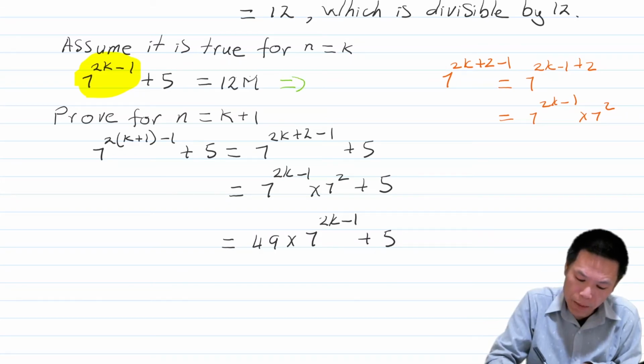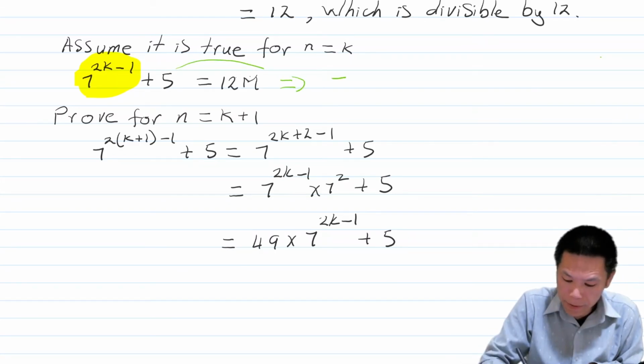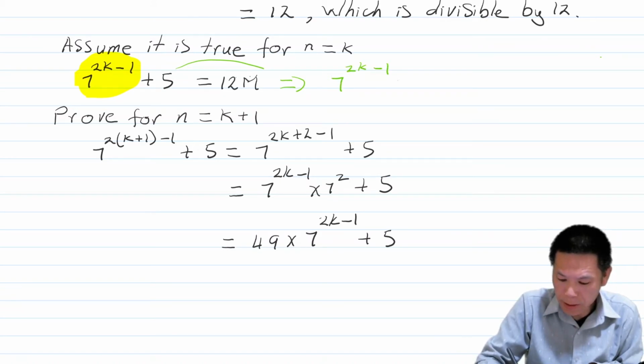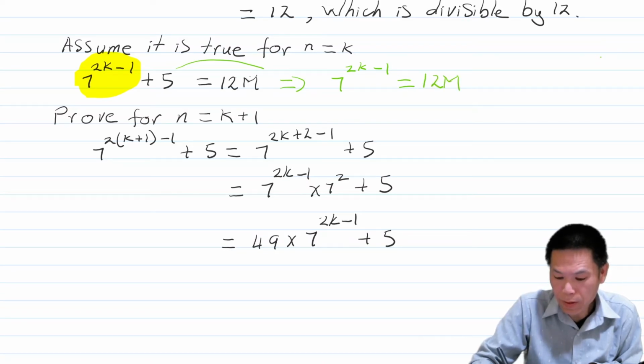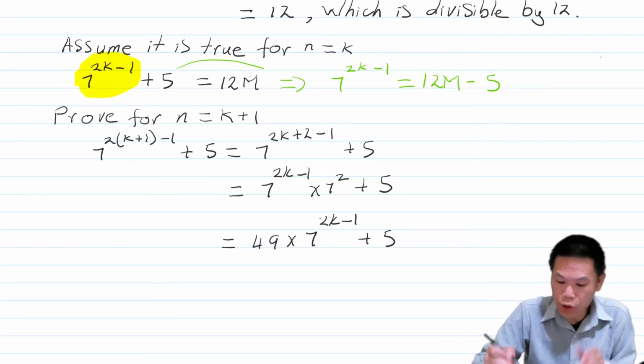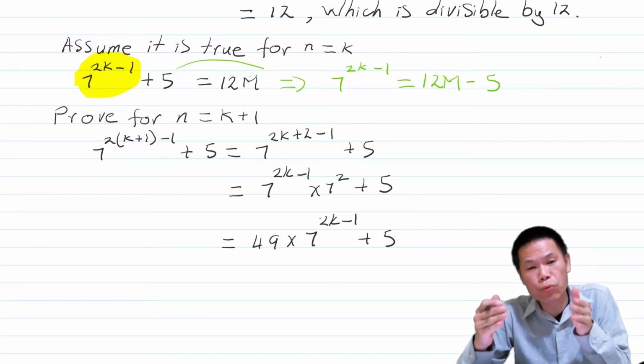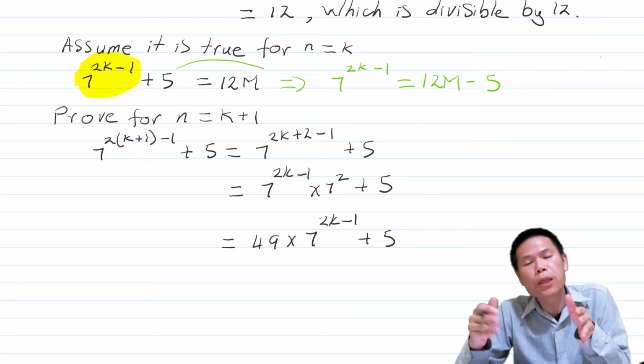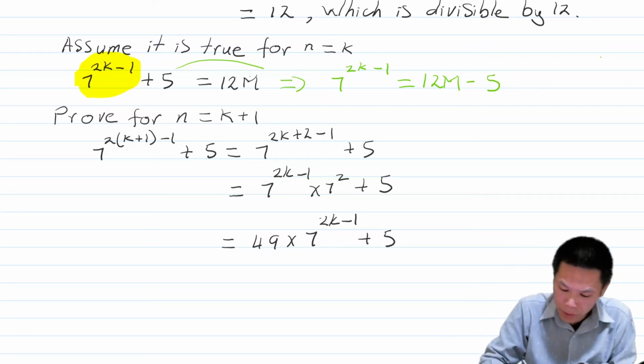So now let's go back to the assumption. This means that I move the 5 to that side. 7 to the power of 2k minus 1 is equal to 12m minus 5. So now I just substitute 7 to the power of 2k minus 1 with 12m minus 5. So just write it down.